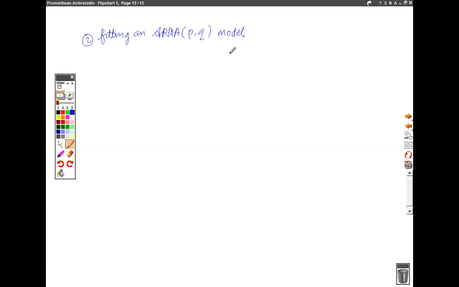So let us say I look at the ACF of an ARIMA model where neither of my P and Q are 0. What do you guys think it will look like? Declining. It will be declining, right? And if I look at the PACF, how will it look? It will look the same.